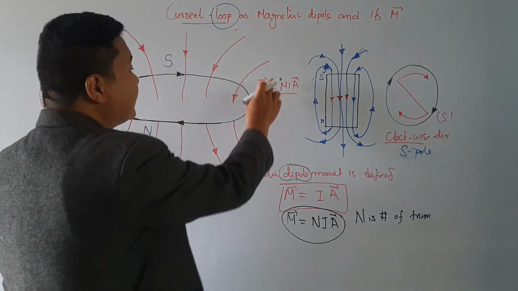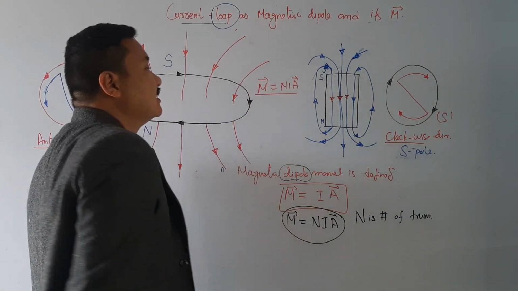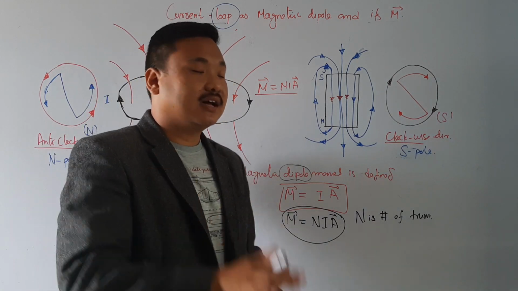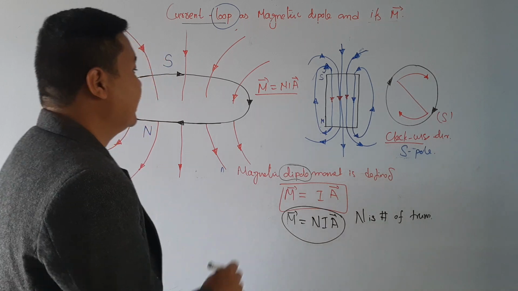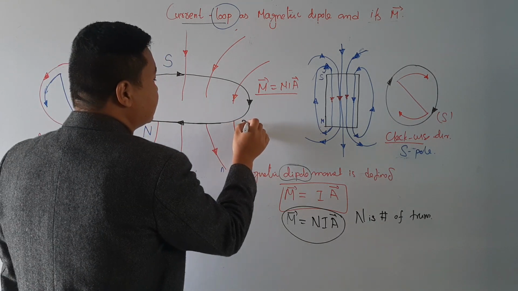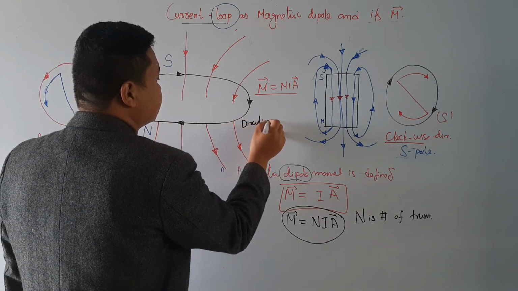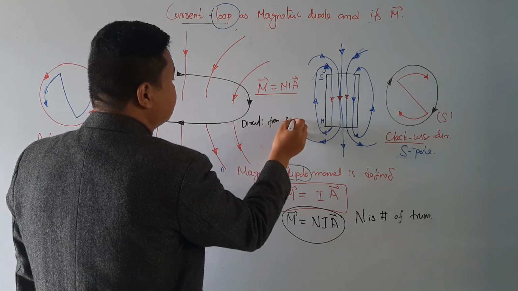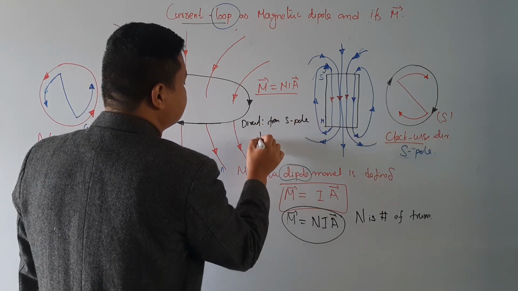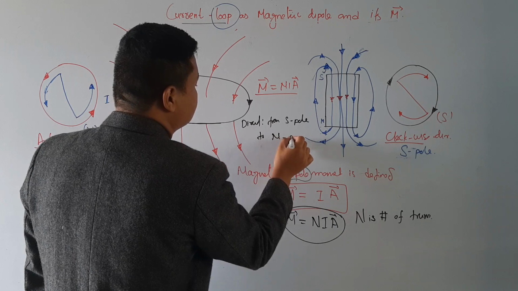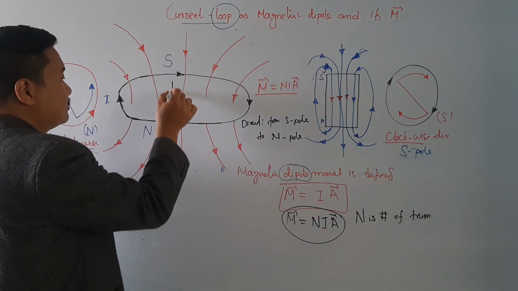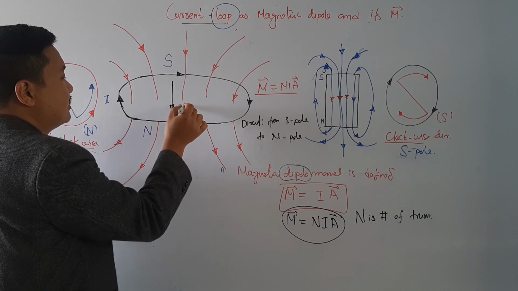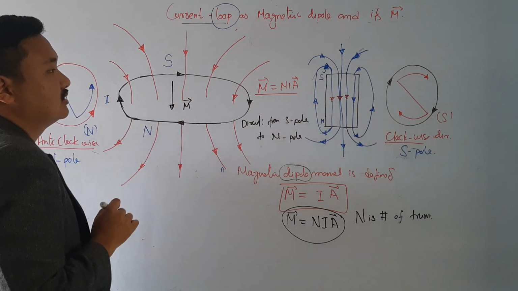Now magnetic dipole moment is a vector quantity, so it must have a direction. And the direction is from south pole to north pole. So for this, it is south pole, this is north pole, so this is the direction of magnetic dipole moment.